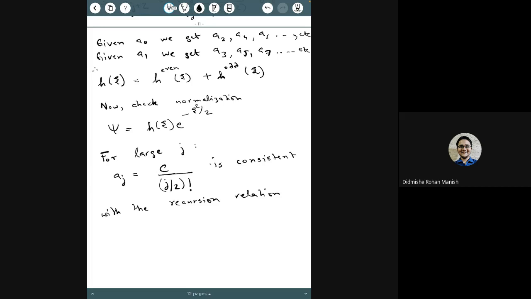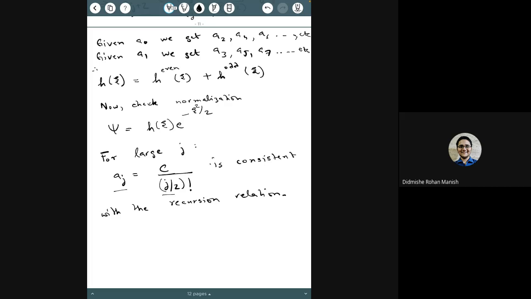The middle terms are missing out of the factorial, meaning there are gaps of 2 every time between the coefficients. So this is only one value of j. This is like an even integer division of some constant. And if j is odd, let's say, then one part is ignored.